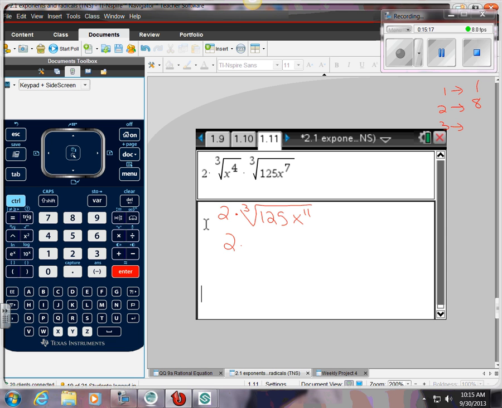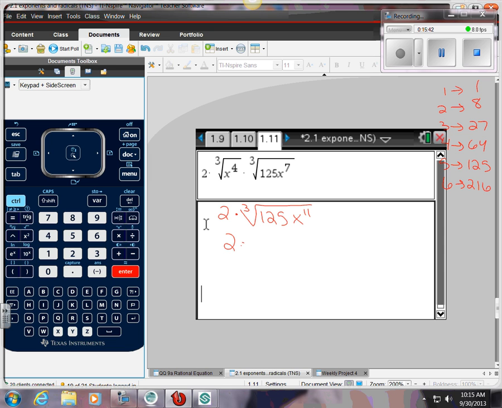Can't hear you. 27. 4 times 4 times 4 is 64. 5 times 5 times 5 is 125. Good. 6 times 6 times 6 is 216. You have to have those memorized. Yes, really. Just like you have to have perfect squares memorized, you need perfect cubes as well. Okay, so again, I'll ask you, what is the cube root of 125?